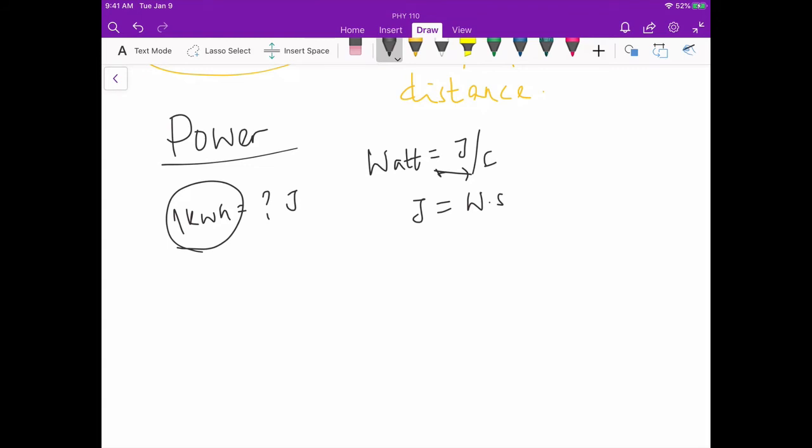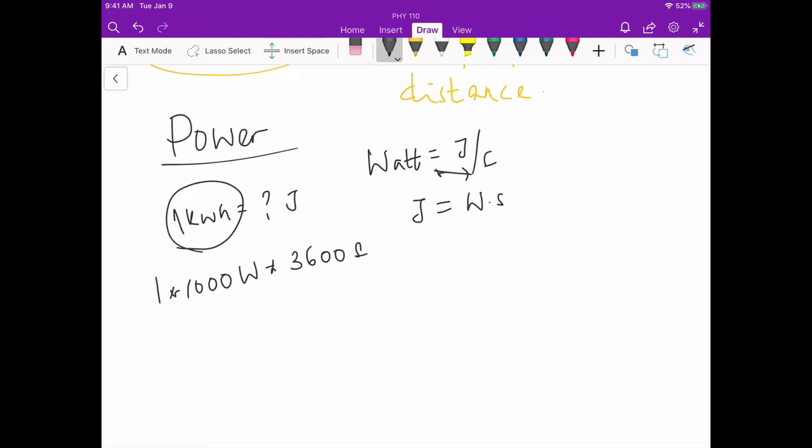Okay. Then kilo means 1000, right? Instead of kilowatt, you have 1000 watt. In 1 hour, you have 3600 seconds. If you multiply this, what's going to happen?